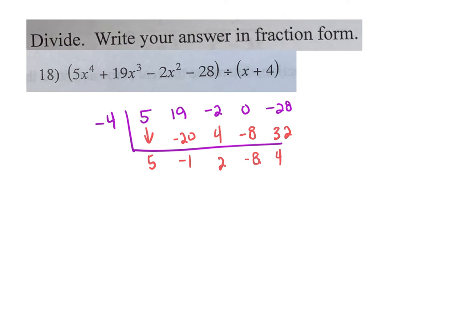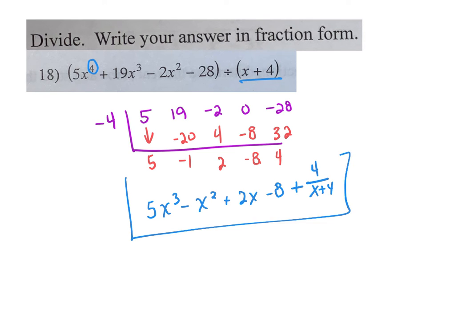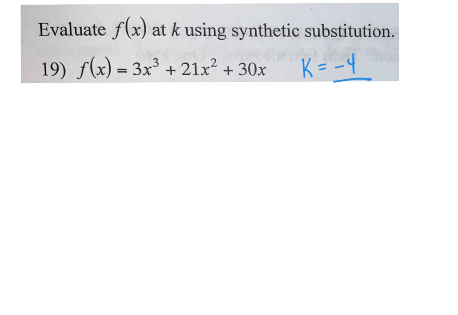Okay. And then you do have to plug in your x's. So it's 5x, go 1 down from here, cubed minus x squared plus 2x minus 8. This should be over your divisor here.